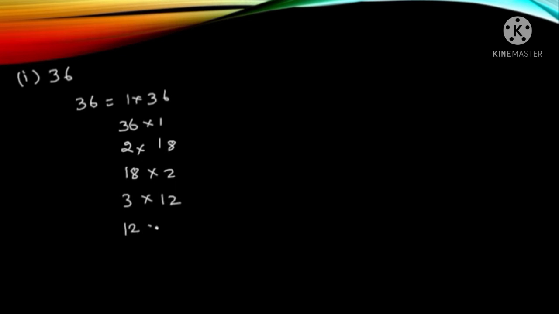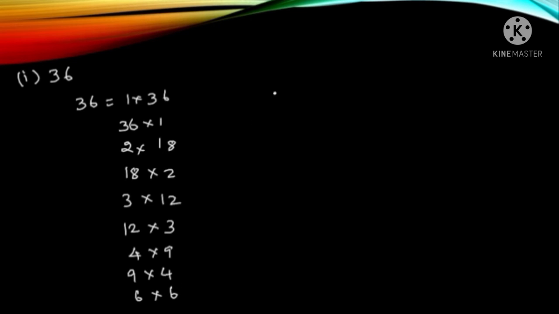Subdivision 2, 36. So for 36, let us list down all the tables. 1 36s are 36, 36 ones are 36, 2 18s are 36, 18 twos are 36, 3 12s are 36, 12 threes are 36, 4 9s are 36, 9 fours are 36, and then 6 6s are 36. That's all, right?